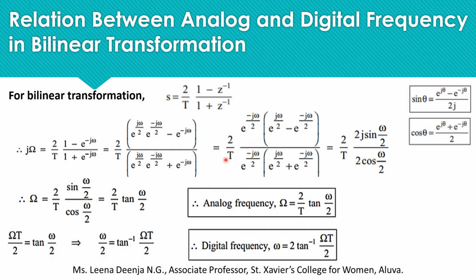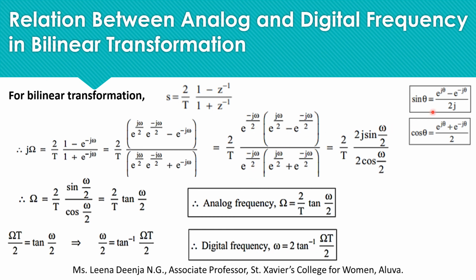So it is equal to 2/T e^(-j omega/2) (e^(j omega/2) - e^(-j omega/2)) divided by e^(-j omega/2) (e^(j omega/2) + e^(-j omega/2)). Here we can cancel this e^(-j omega/2) at the numerator and denominator.